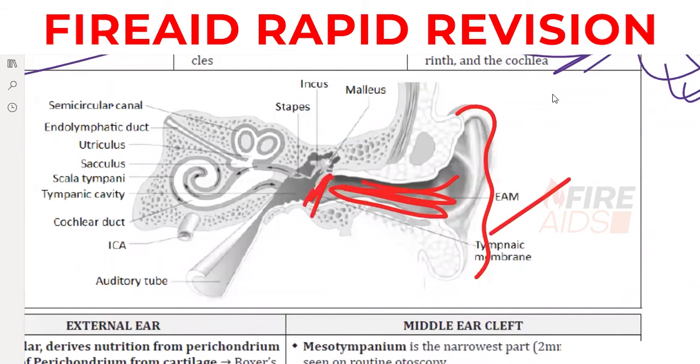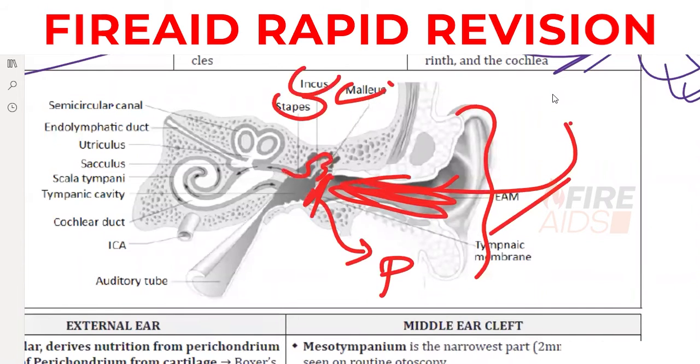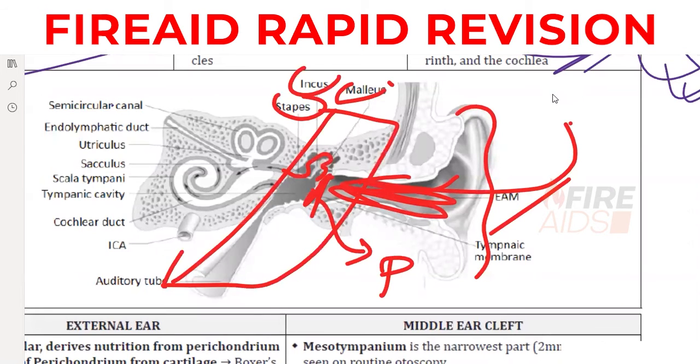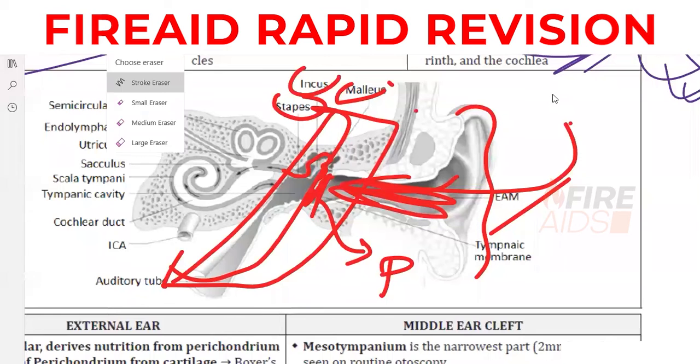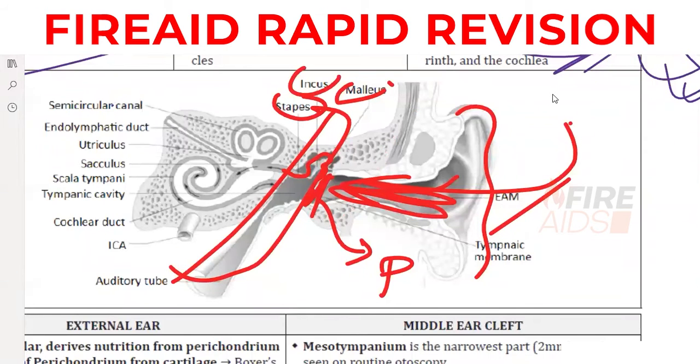The tympanic membrane is very prone to perforation because of any loud voice or for those who do instrumentation in their ear. After that, the sound is transferred to the malleus, incus and stapes. After that it enters the inner ear portion. Only this part is going to be the middle ear.